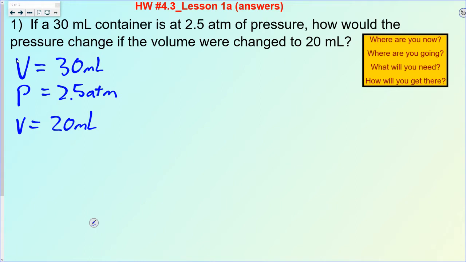And if you read through the question, it tells you what the final thing is that you're supposed to find. What's your unknown? Where are you going? So that pressure change, that's the new pressure, that's where you want to go.